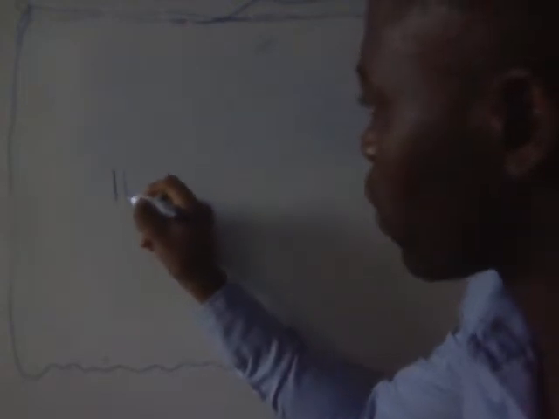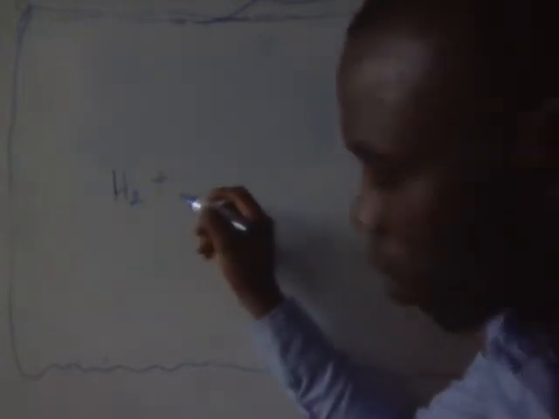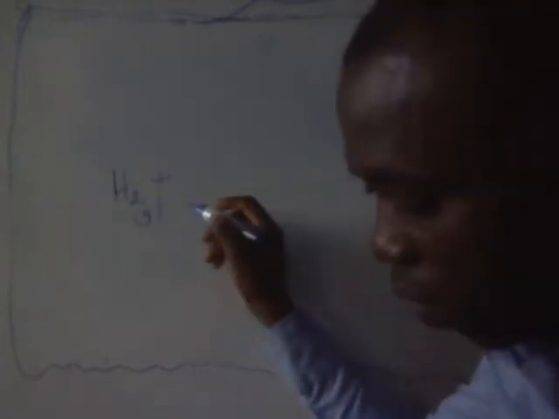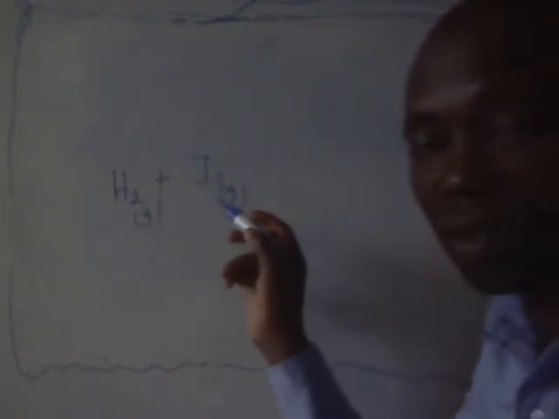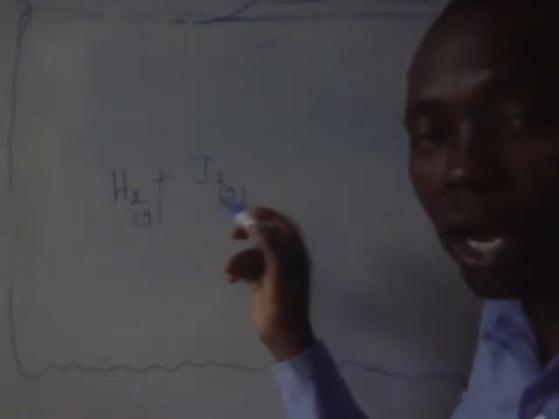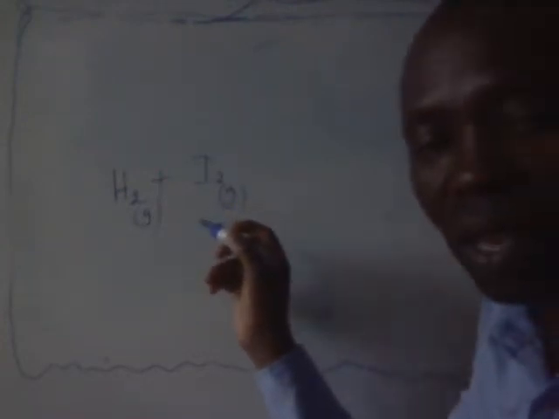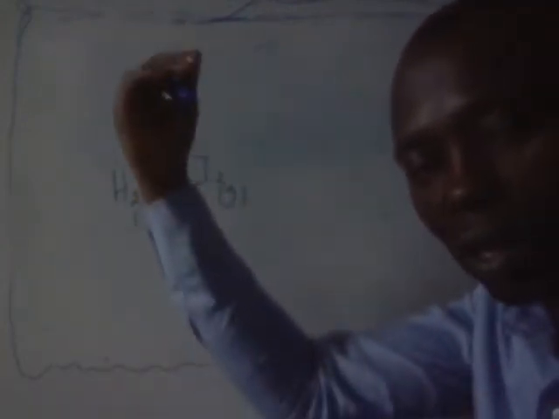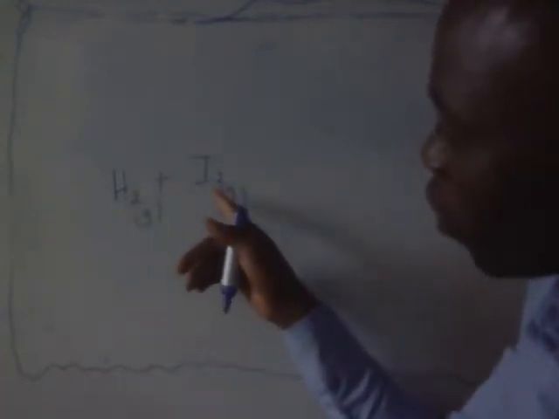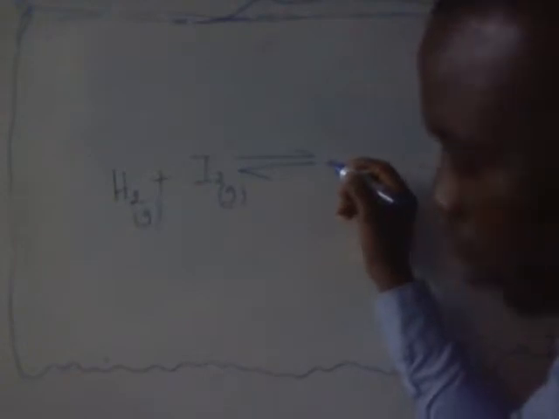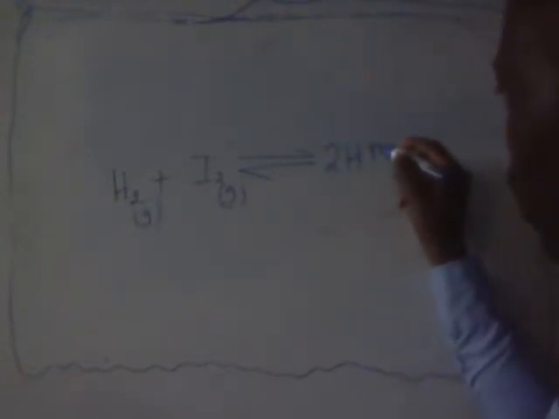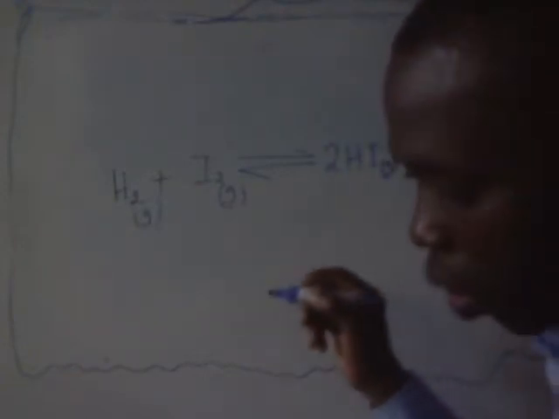We have hydrogen gas plus iodine in gaseous state. This is iodine vapor. You know, at room temperature, iodine is solid, when you look at group 7, the halogens, but this one is in vapor state. It reversibly reacts to give 2 moles of hydrogen iodide, also in gaseous state.